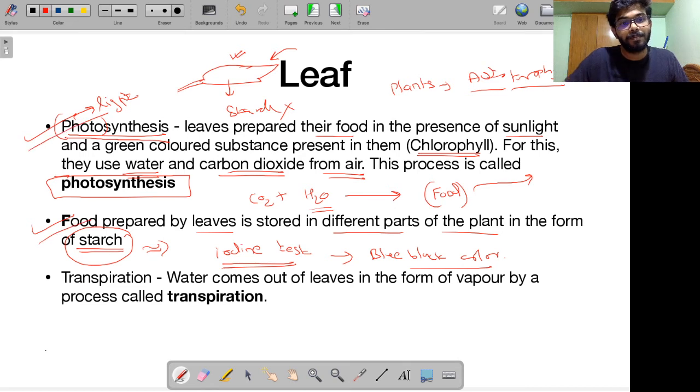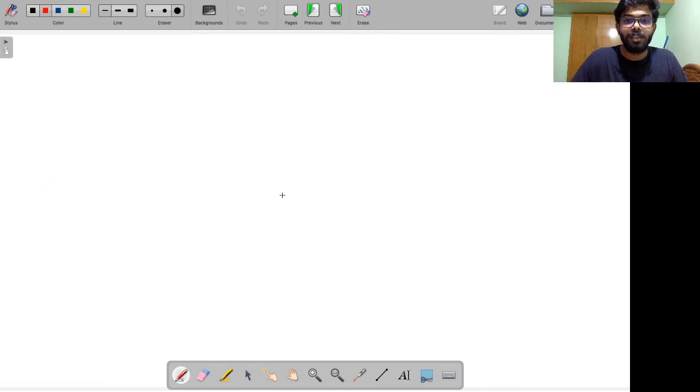Alright? Next, let me explain one more concept. It is called transpiration. What is transpiration? Water comes out of leaves in the form of water vapor. This is a process called transpiration. Let me explain what happens. This is a tall tree.